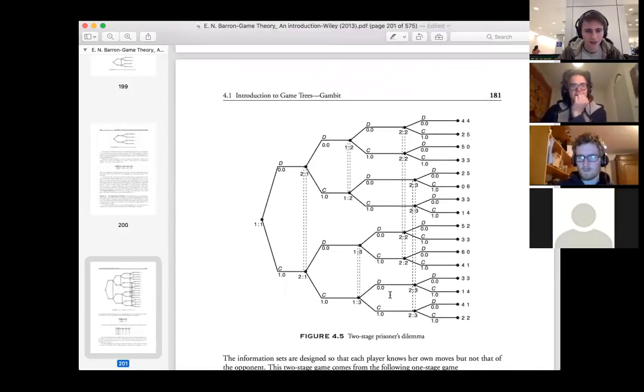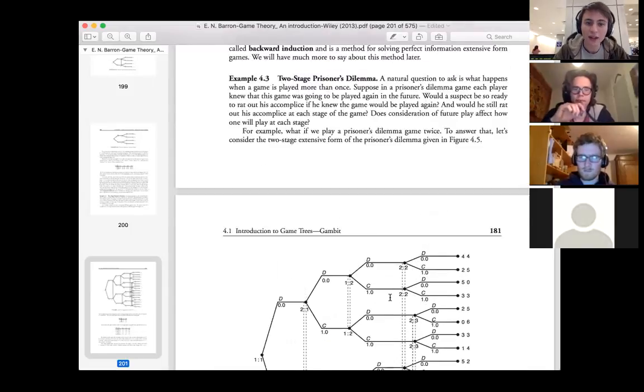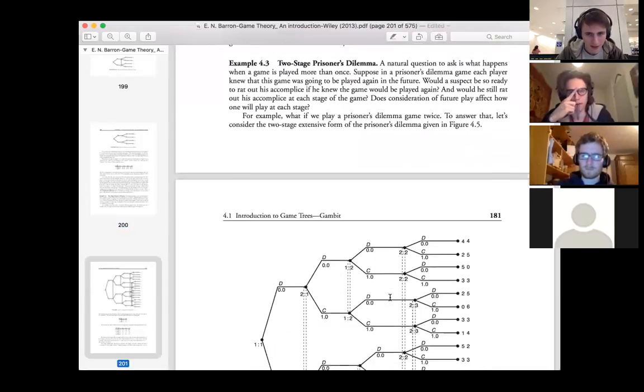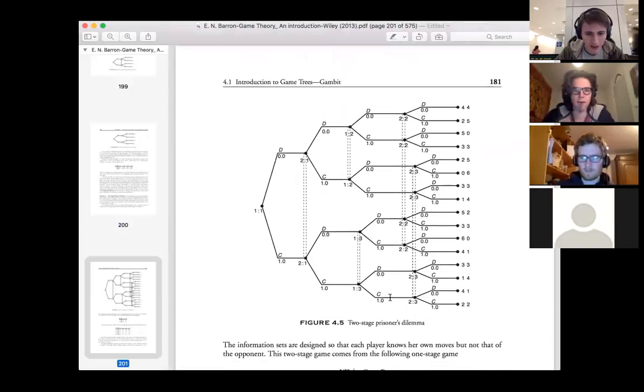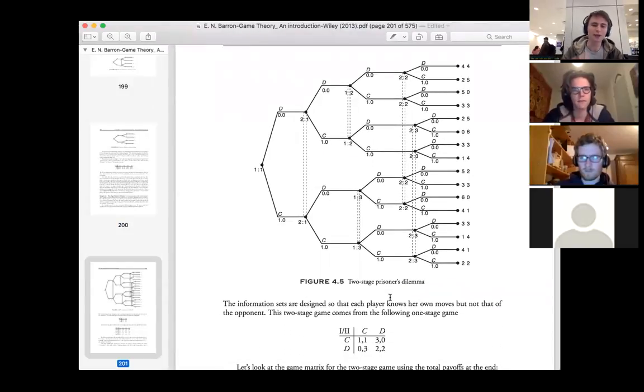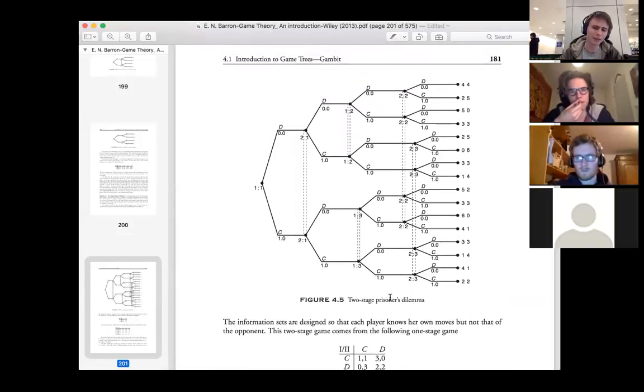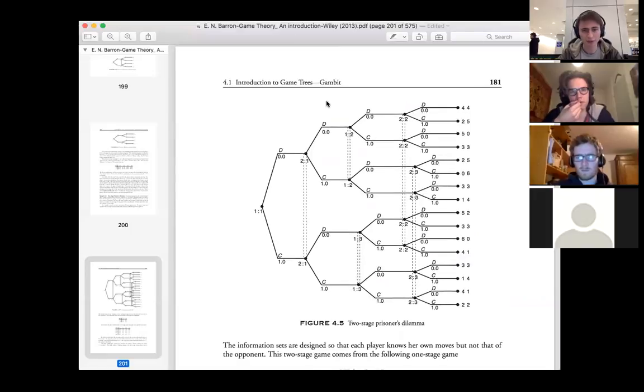Now, this is the two-stage prisoner's dilemma. Most of these graphs, they suggest using a tool called Gambit.